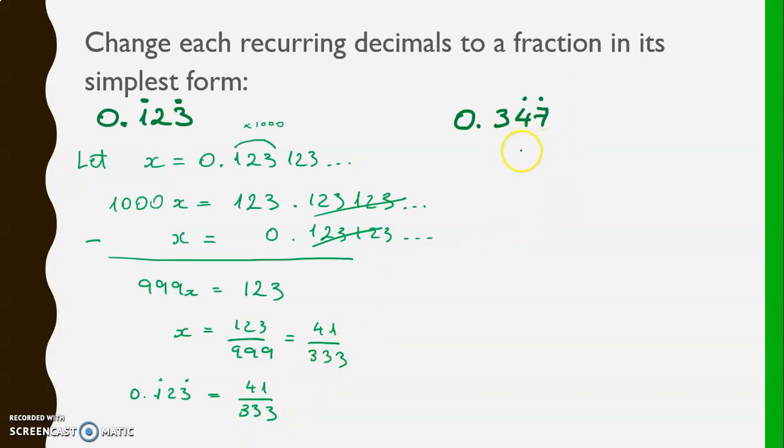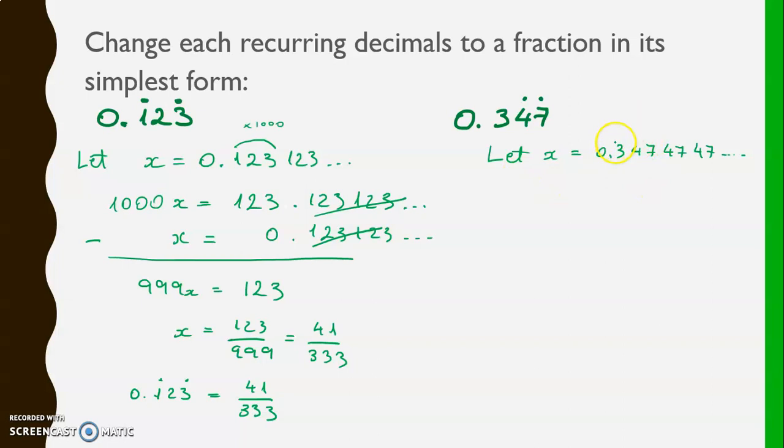All right, and the last example, it's 0.3474747. So again, we are going to let x be equal to 0.3474747, going on forever.